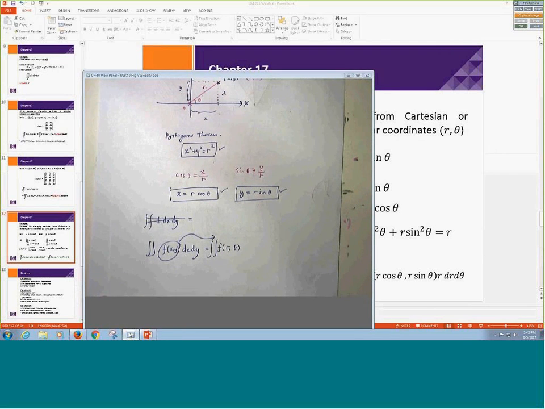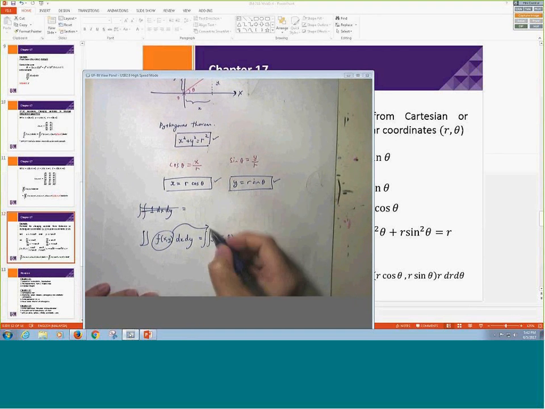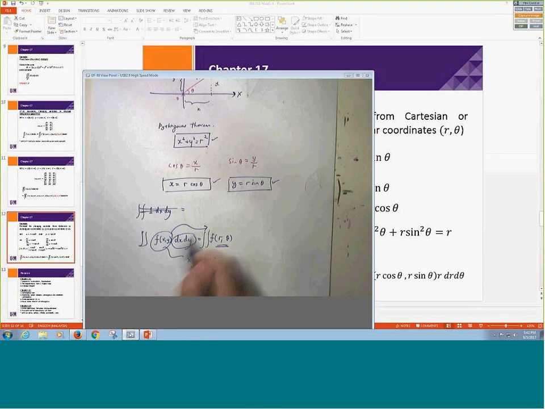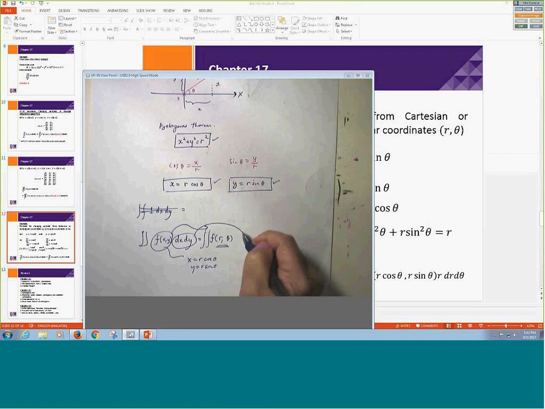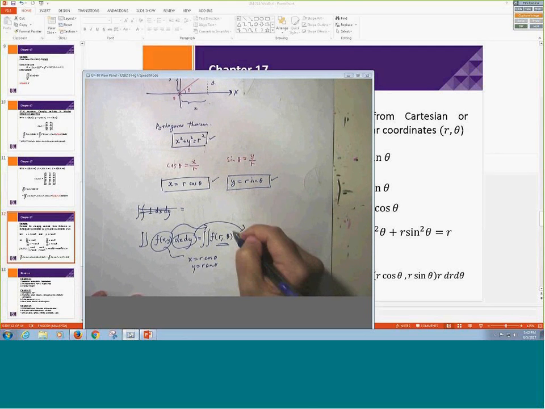We know that x is r cos theta, y is r sine theta to transform it. But dx dy is not straightforward dr d theta. It is not straightforward, it depends on a Jacobian.